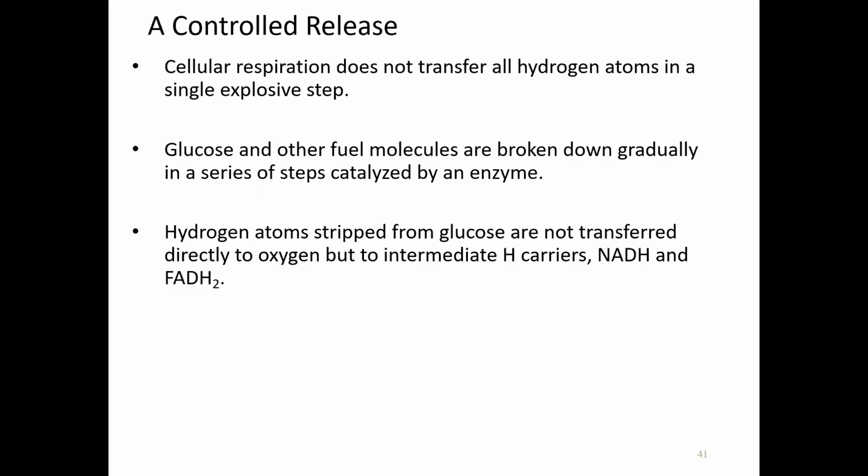But if they were to go immediately to the oxygen, it would be briefly exciting. So we go through a series of intermediate steps that are a little slower so that we don't release everything at once. And we do have something that accepts the hydrogens temporarily. They are the hydrogen carriers. They are the molecules NAD and FAD. When they carry a hydrogen, they're called NADH or FADH2.